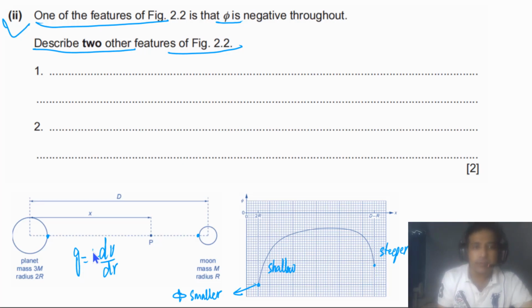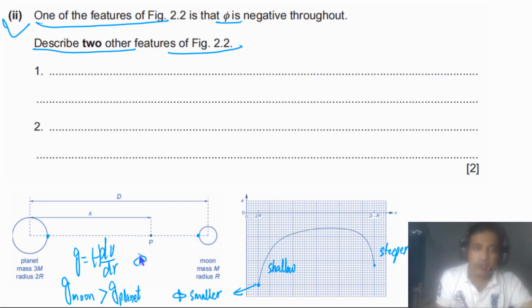This negative is telling us direction, so don't get confused with this negative. Negative is telling us the direction of G. So this is shallow and this is steeper. It means G at the surface of moon is greater than G at the surface of planet.